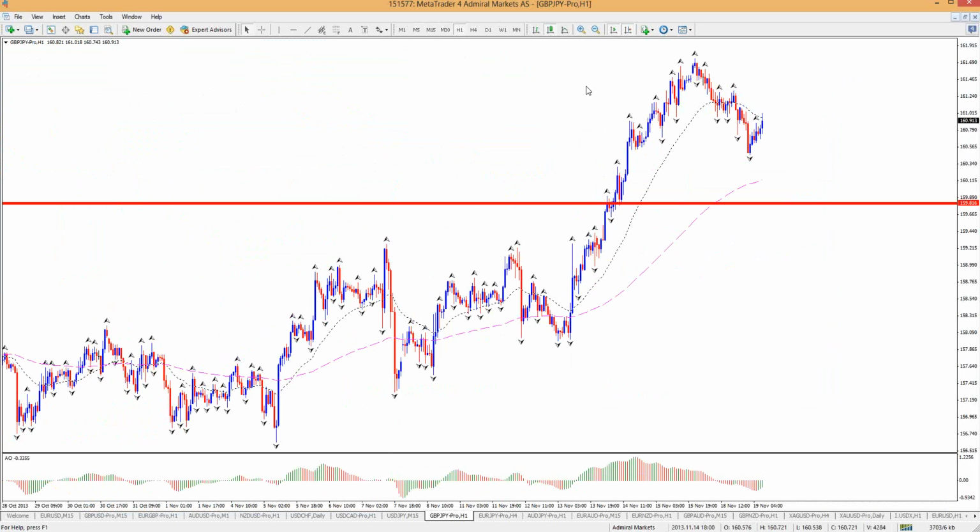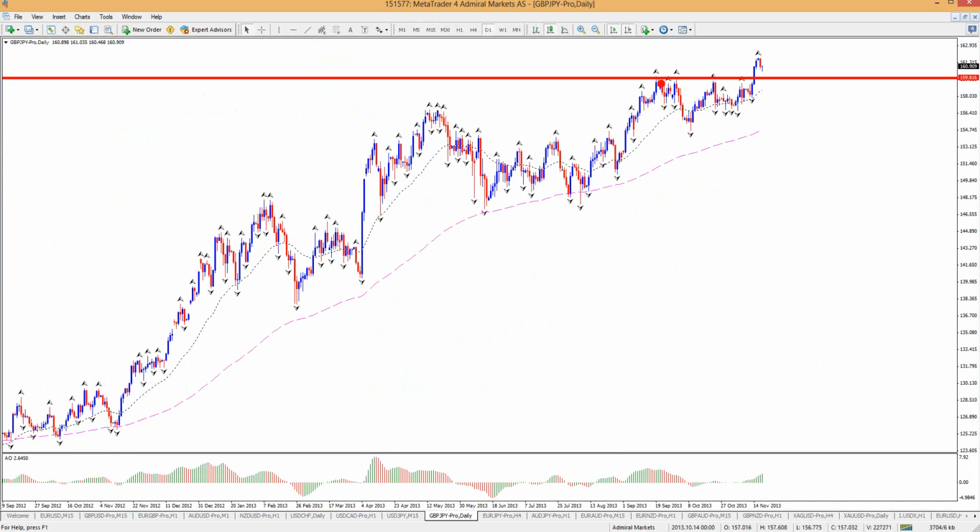Obviously, the 160 level from a daily perspective, the broken tops in here, and now we're making highs that we've never seen in the last 4.5 years in the pound yen Forex history. So it was a very long time ago that we've seen these levels. As I said, spring 2009 was the last time.